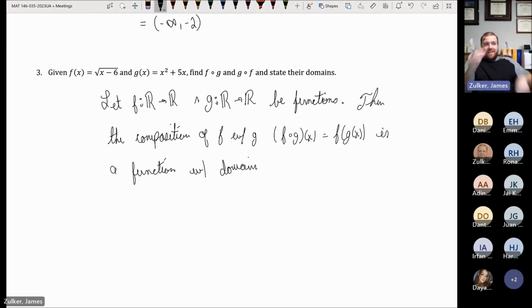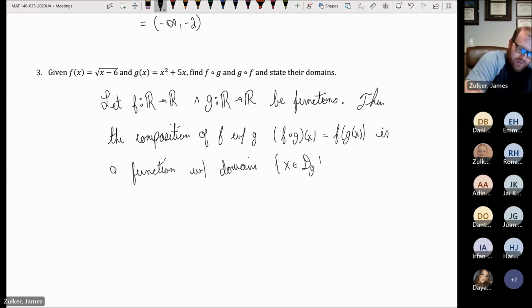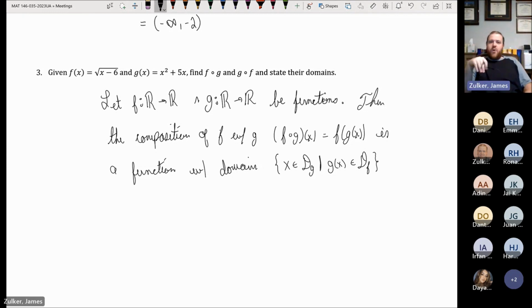Its domain is the set of all values x in the domain of g such that g of x is in the domain of f.